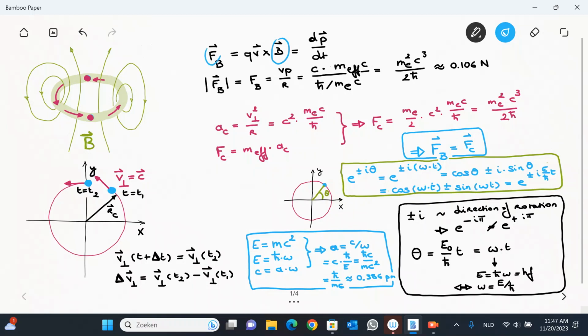Once you have the magnetic field, we can calculate the force. The main difference between a force and a field is that a field makes abstraction of the charge.